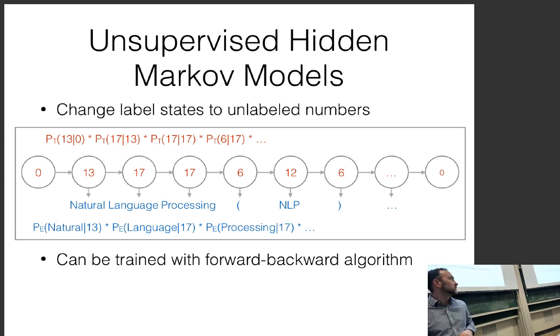You say, oh, 13 co-occurs with adjective the most, so I'm going to assign all 13s to be an adjective. 17 co-occurs with nouns the most, so I'm going to assign all 17s to be nouns. And with doing this, you can actually get pretty reasonable results.